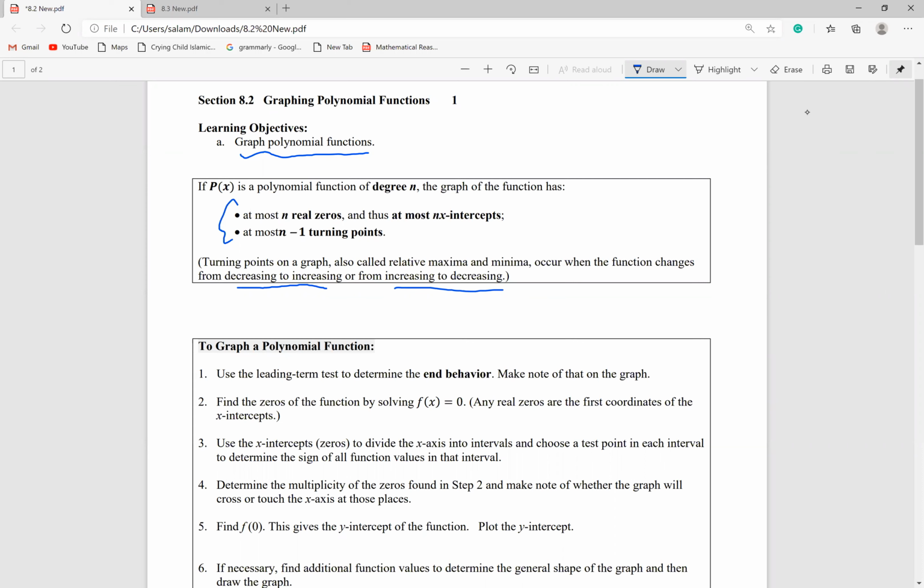Okay, so what is this talking about? This is just saying, for instance, you have a polynomial f of x equals x to the 4th power plus 3x cubed plus 2. If they ask you the number of real zeros and x-intercepts this is going to have, it's going to have at most 4, because the degree of this polynomial is 4.